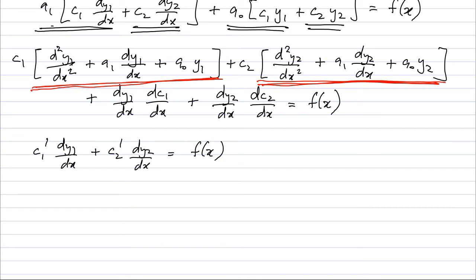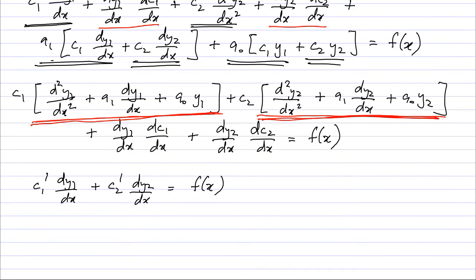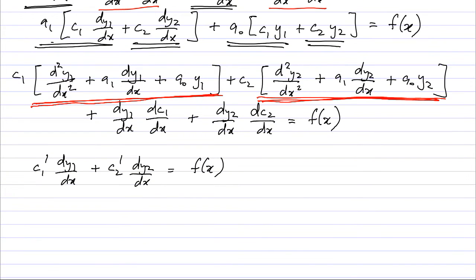Of course you know y1, you know y2, because you know the complementary function. And you know the derivatives as well, dy1 by dx and dy2 by dx. So this is your equation 2.